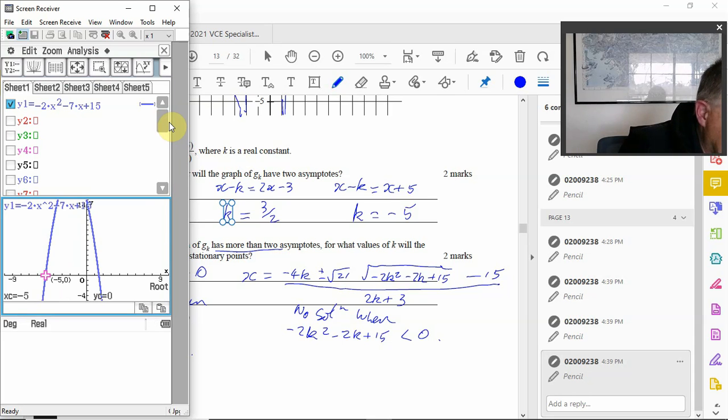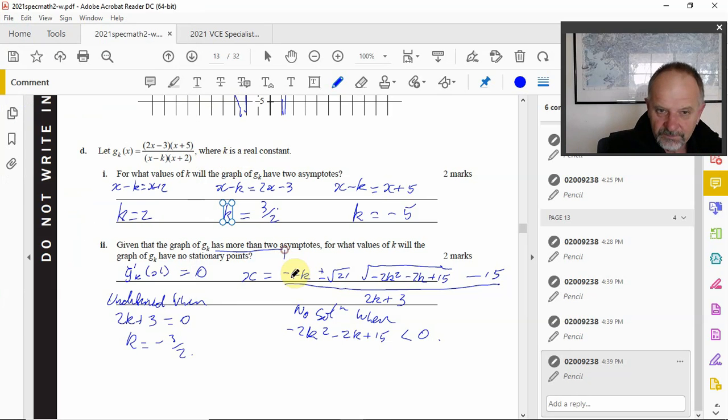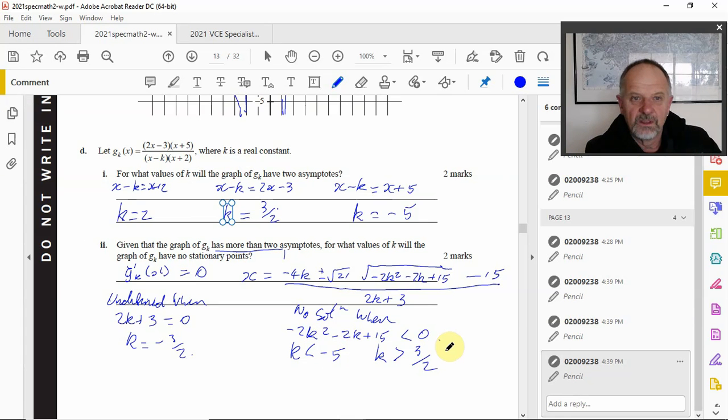Now negative 5, and 1.5, so 3/2. So here we've got k less than negative 5 and k greater than 3/2. The question is, when are there no stationary points?